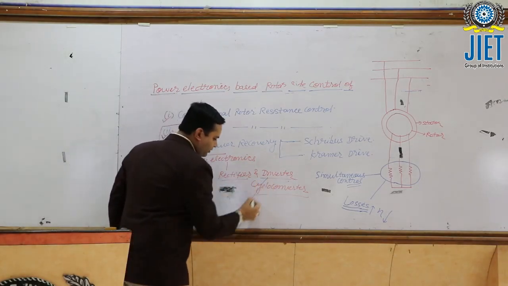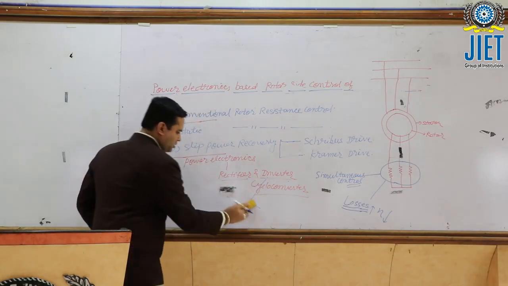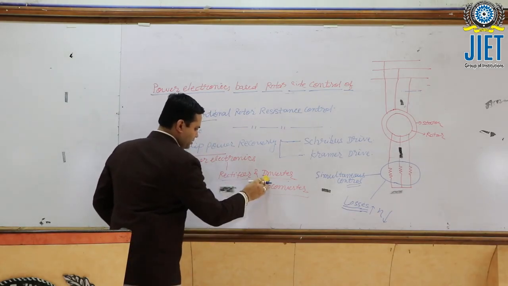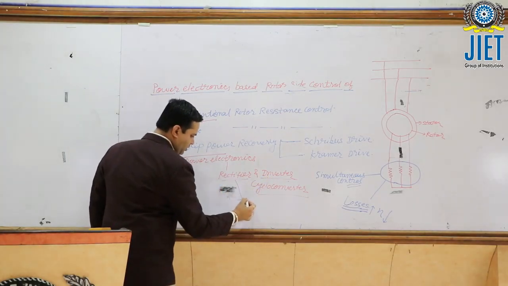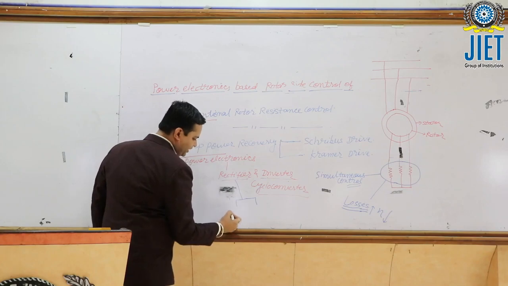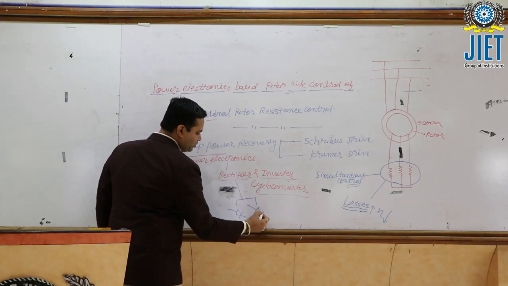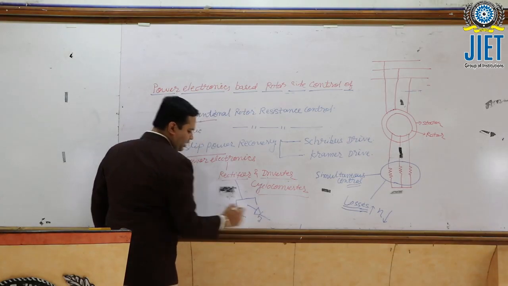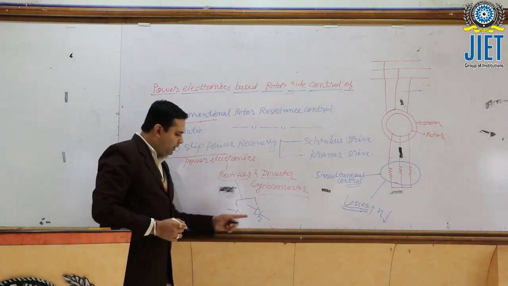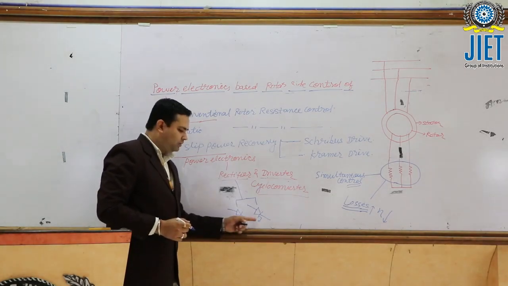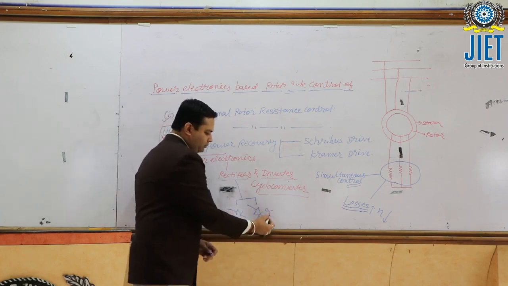Again, the rectifier has two types. Rectifier number 1 consists of diode, and rectifier number 2 consists of thyristor. If we are talking about the diode rectification, we have the uncontrolled supply, and if we are talking about the thyristor rectification, we have the controlled supply by the variation of alpha.